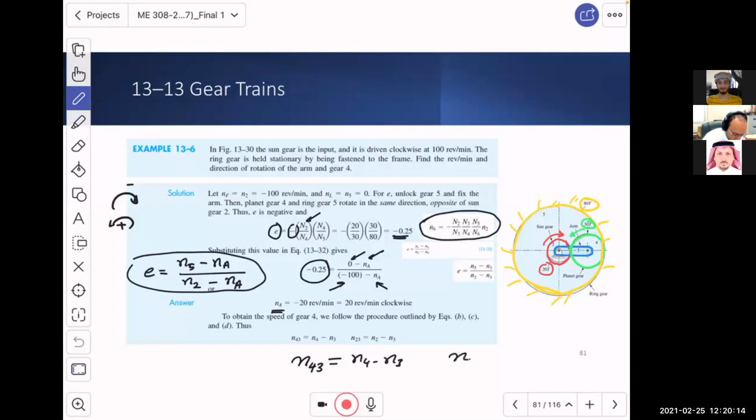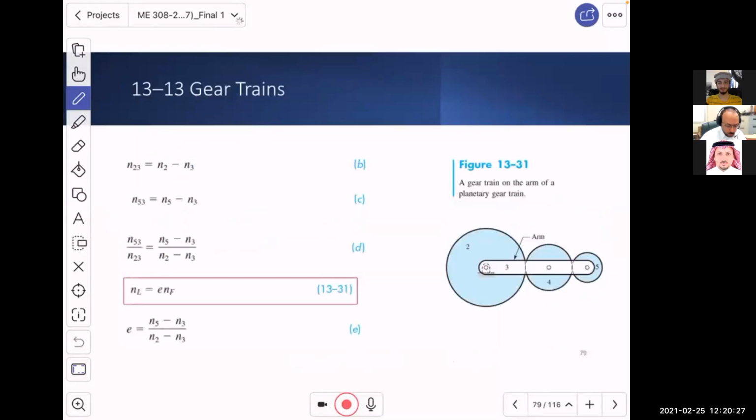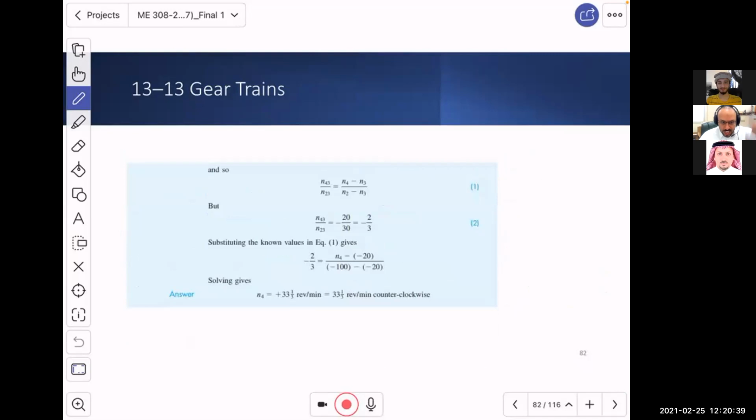Similarly, the relative RPM of 2 with respect to 3 is N2 minus N3. This is the same derivation. Look, if you go back, this is what we used to make the logic between 2 and 5. You understand? So if we do that and then we take the ratio, we end up here.